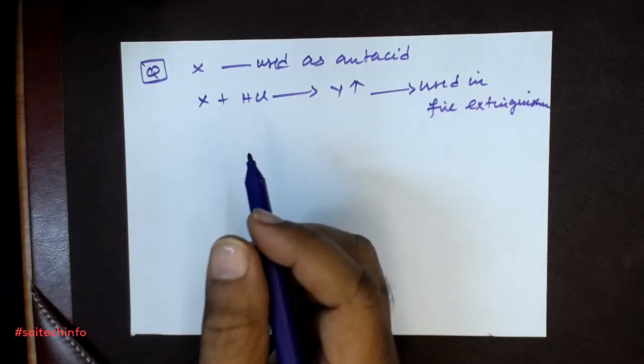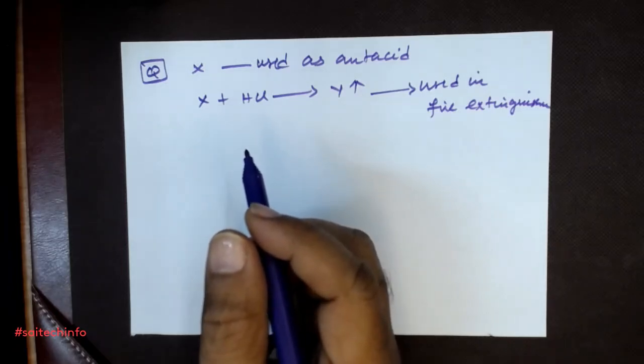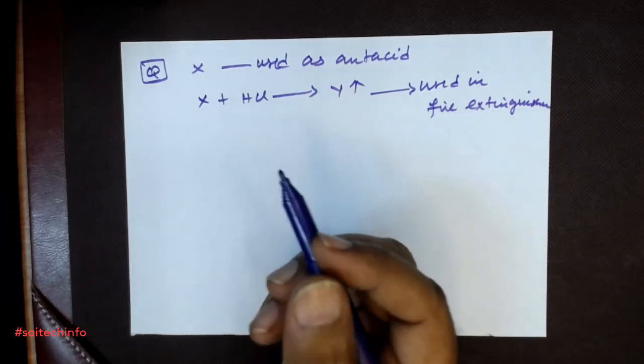Name the substances X and Y. Write the balanced equation.